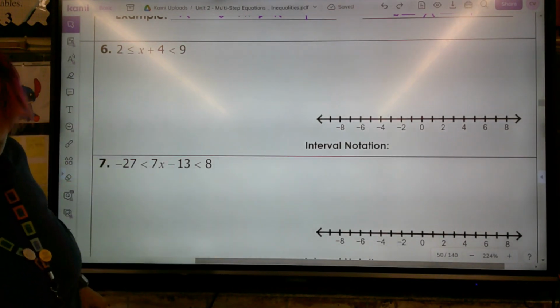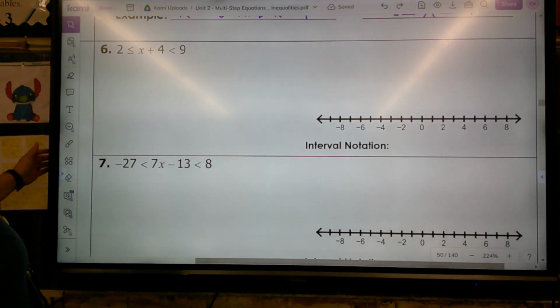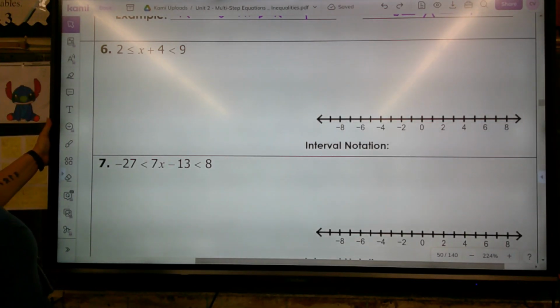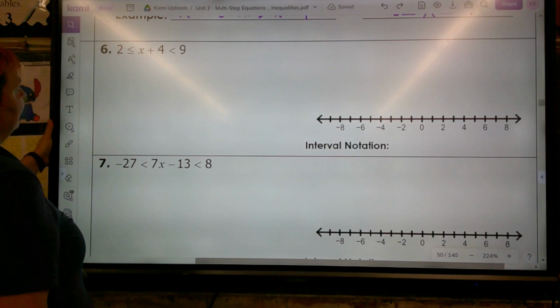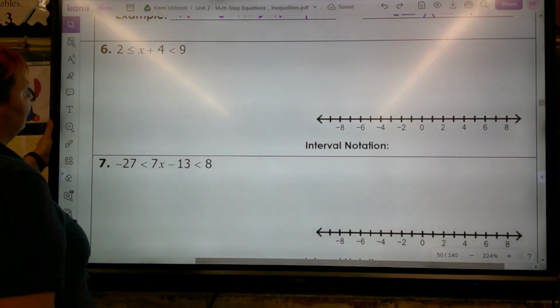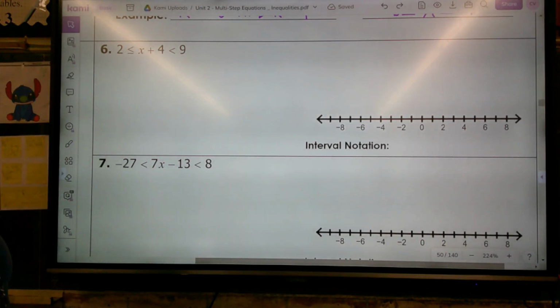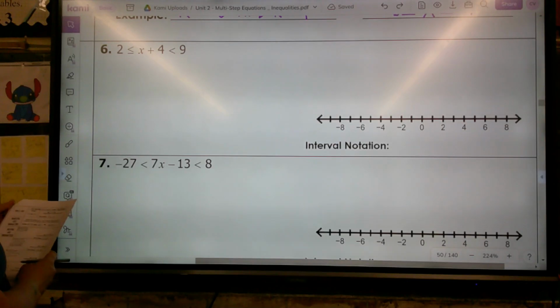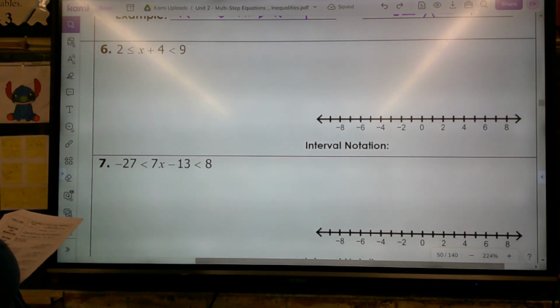All right, so solve first. We need to get the x by itself in the middle. All right, so how do we do that? Let's see.